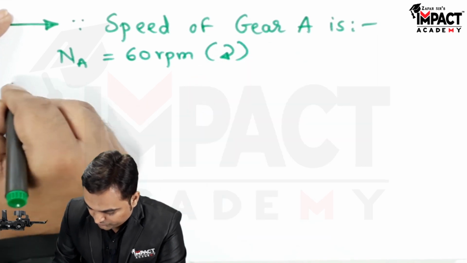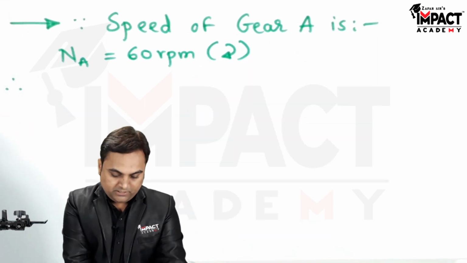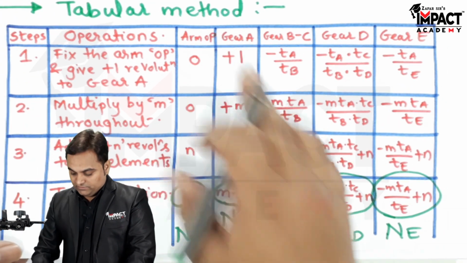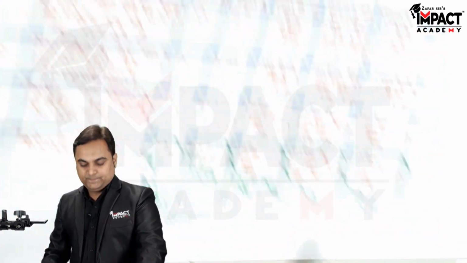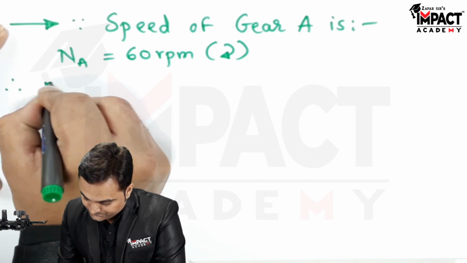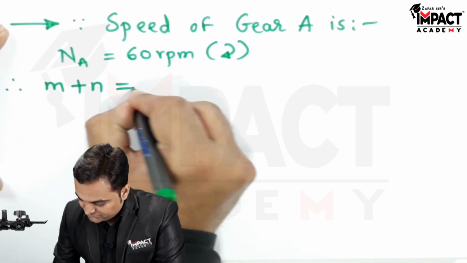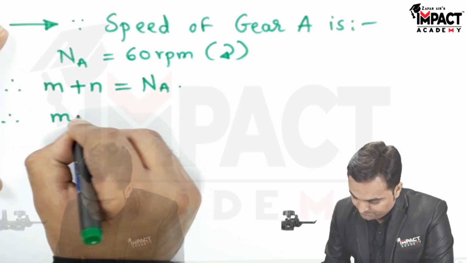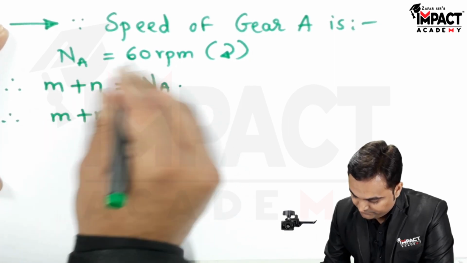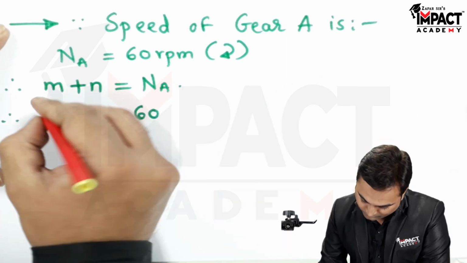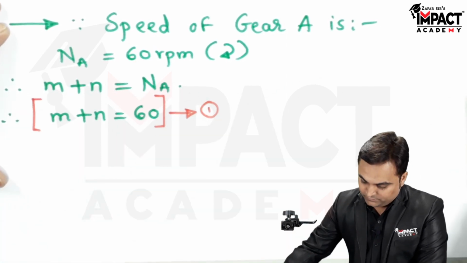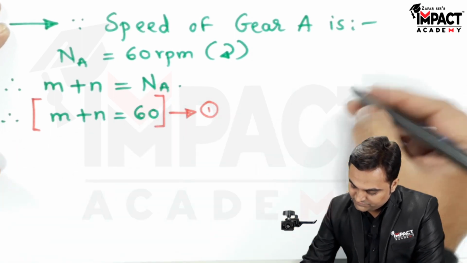Therefore, from the table, A has the speed m plus n, so equating, m plus n is equal to NA, which is 60. That is the first equation.